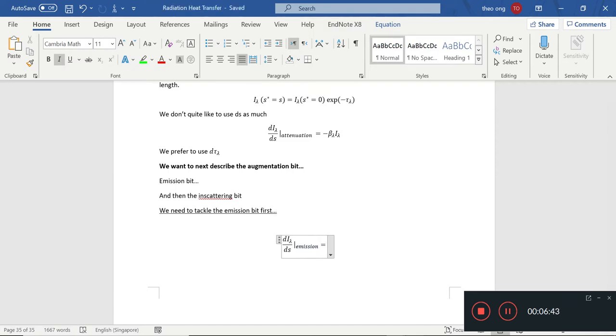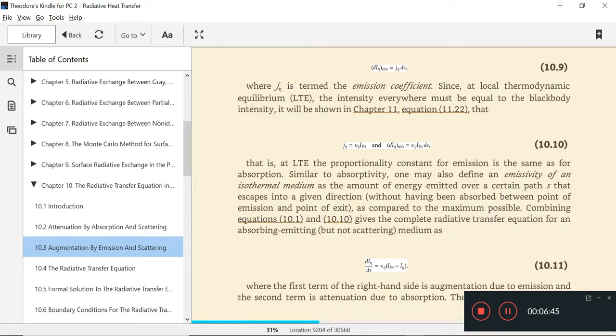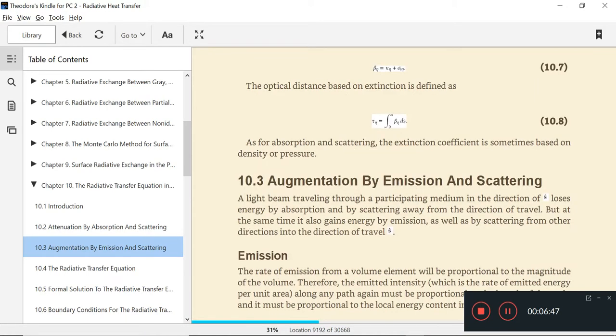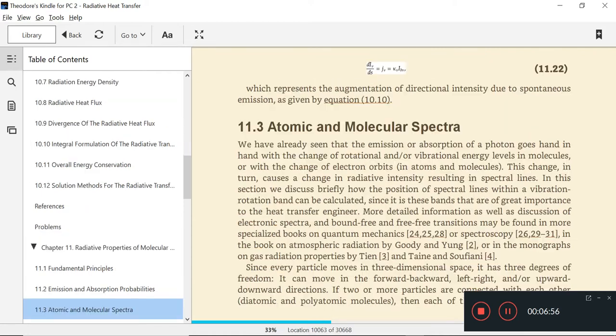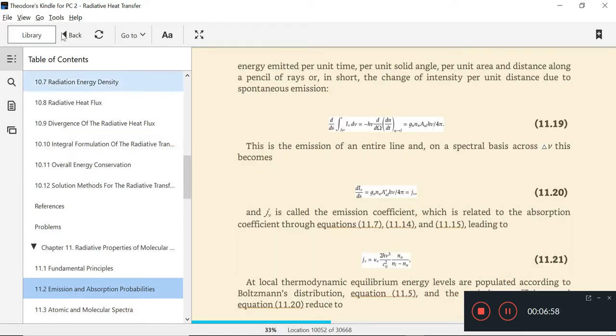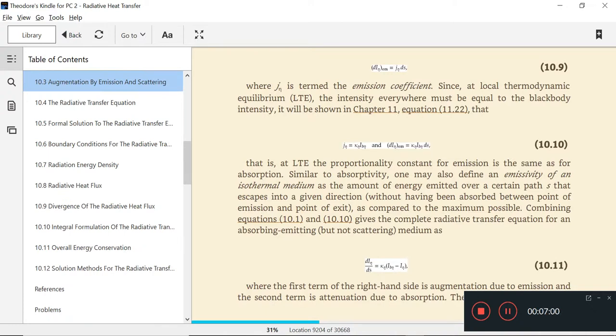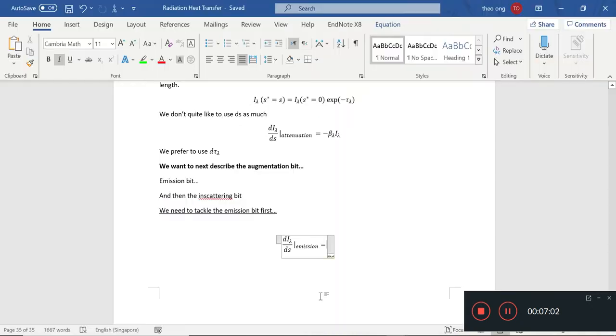According to the textbook, there is this constant, this emission coefficient, noted as J eta, or for our case J lambda.